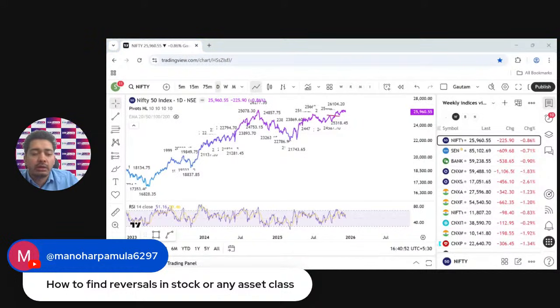And once you understand that, see, in technical analysis, it's a game of probability. There is no sure shot method which tells you that this is the bottom of a stock, this is the reversal. You can make use of moving averages, trend lines, classical chart patterns, ratio charts. All these things are readily available for you.